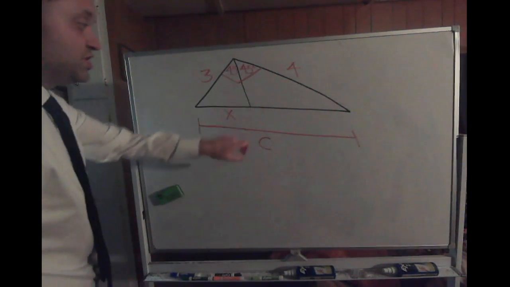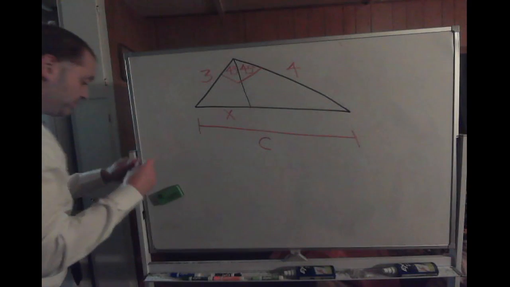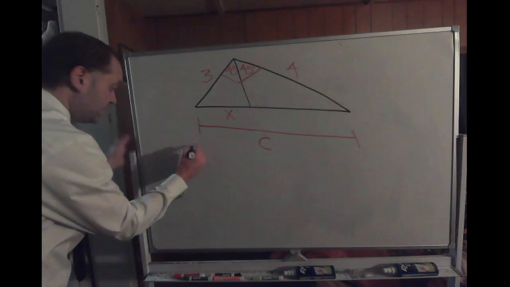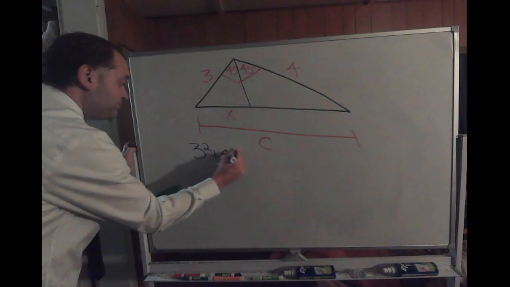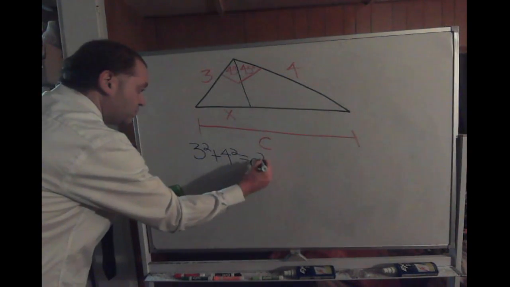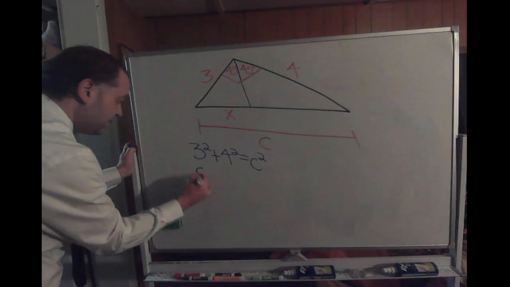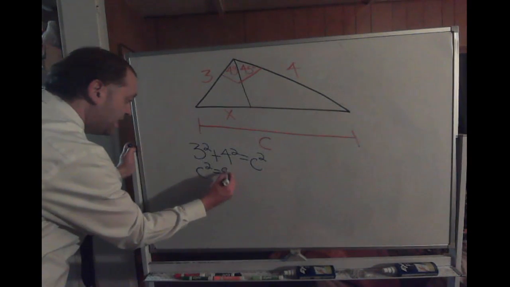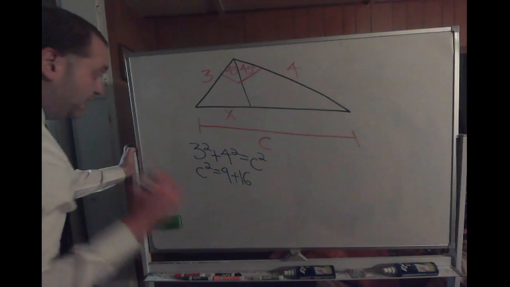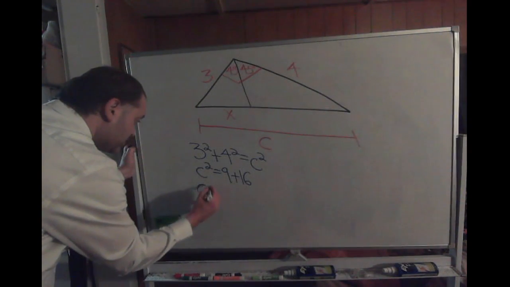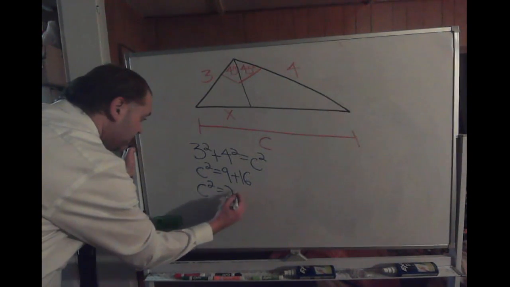So now you can solve for C. So you're going to take 3 squared plus 4 squared, set that equal to your C squared, which would then make C squared equal to 9 plus 16, which would then make C squared equal to 25.